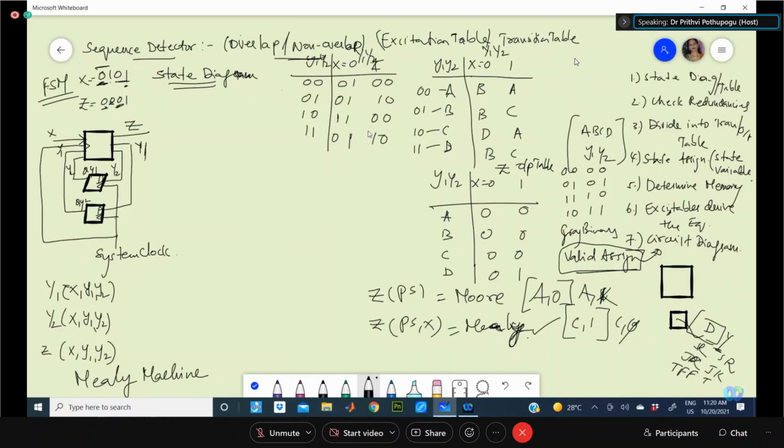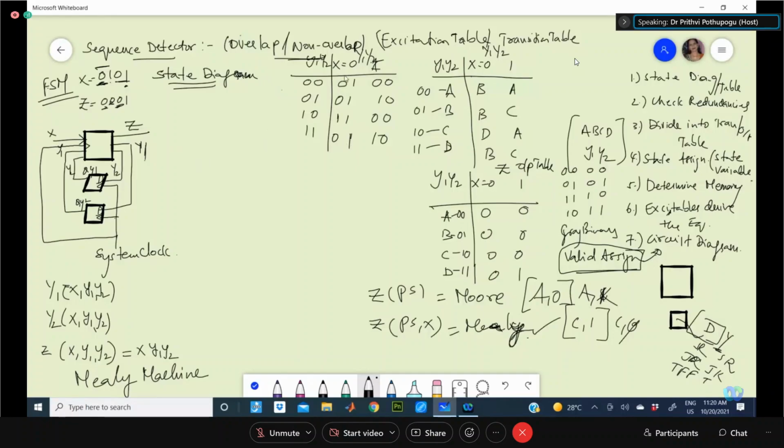So this is your transition. But anyhow, here directly you can derive the equation of z: 0, 1, 1, 0, 1. If you take z as x of y1, y2, this will be simple, but deriving this, you need to again go for Gray assignment and see for valid assignment. Okay.